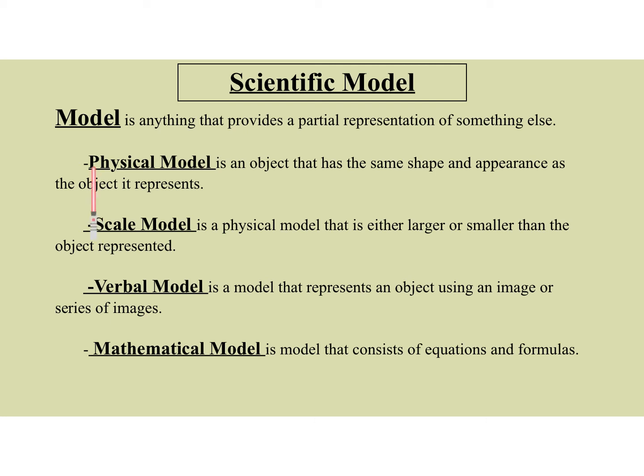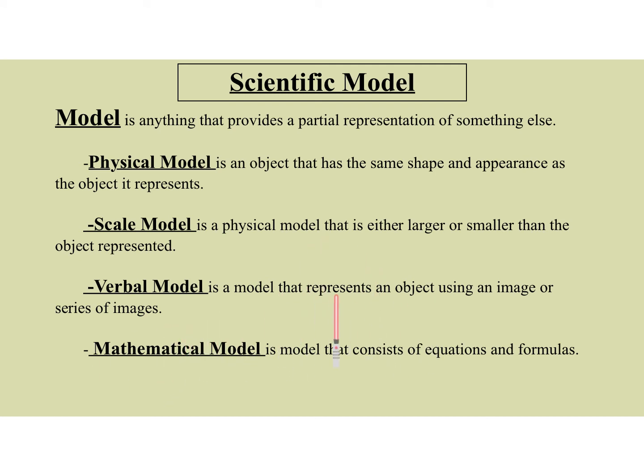Now, there is a model called a physical model, and that is when an object has the same shape and appearance as the object it represents. It may not be the same size, but it has the same shape and appearance. A scale model is a physical model that is typically either larger or smaller than the object represented. Then you have a verbal model, which represents an object using an image or serves as an image.